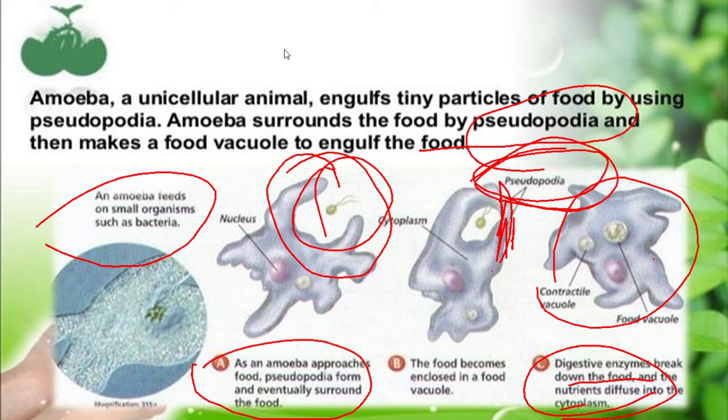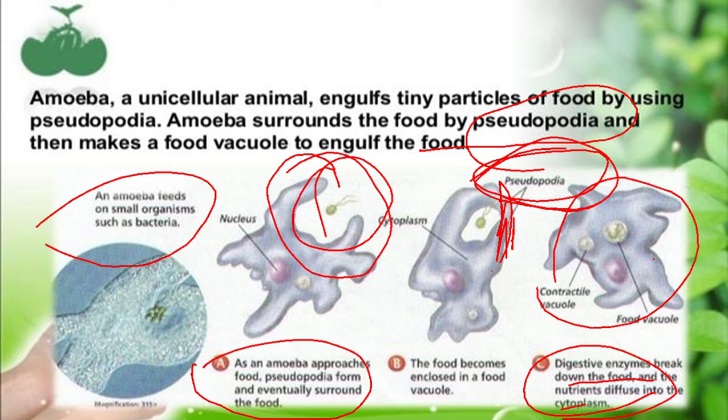Here I have marked, sorry if it is scribbly, because on my laptop it is not that easy to make the circle. And we are going to learn about amoeba. Amoeba is a unicellular animal and takes in tiny particles of food by using pseudopodia. Amoeba surrounds the food with pseudopodia and forms a food vacuole to engulf the food.